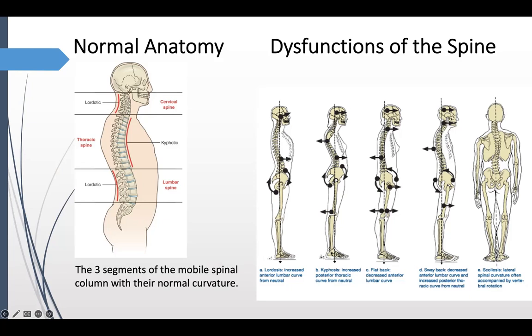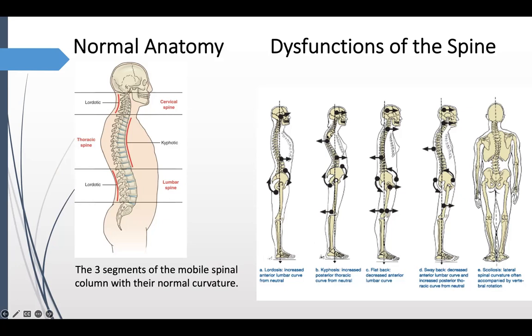The next prominent type of dysfunction that we see in the spine in terms of abnormal curvatures is a hyperkyphotic curve. So think of this as an increased posterior displacement or increased posterior curvature of the spine. In essence, you're going to have pecs that are really stretched, right?